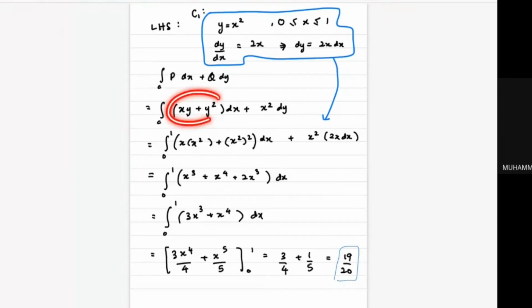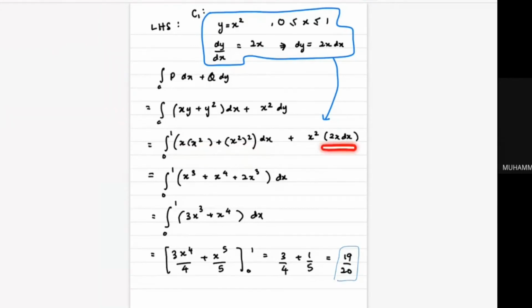This is your p, this is your q. Then substitute your y here. y is equal to x squared. So x y will become x cubed, and y squared will become x squared squared.